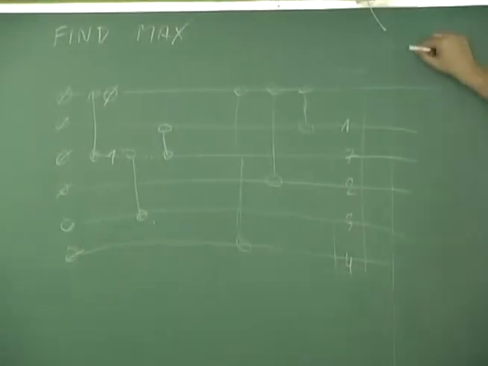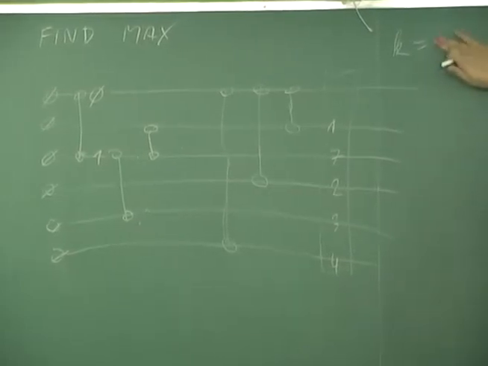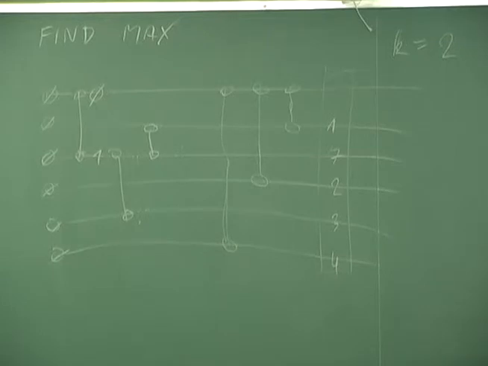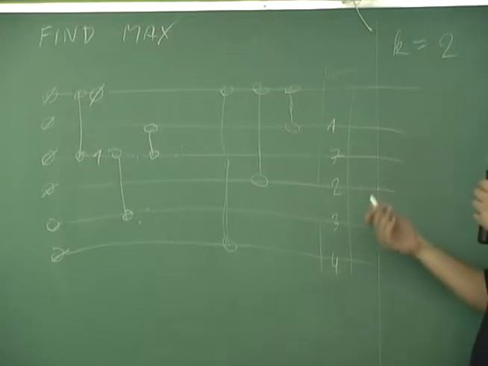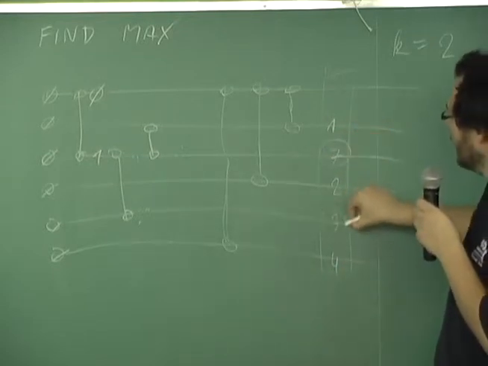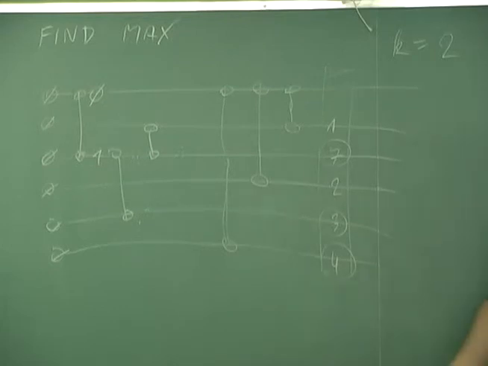And now let's say that K is equal to, maybe, 2. So the adversary is allowed to do at the most 2 actions. In this case, the wires with numbers larger than 2 are safe. So this wire is safe, this one is safe as well, and this one is safe as well. The adversary is not able to bring the maximum to this wire.